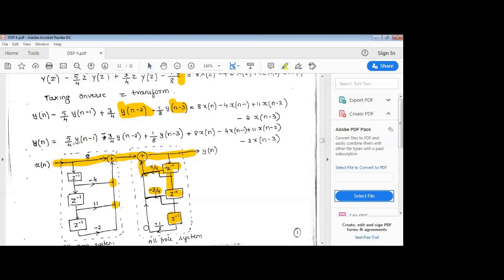Yes, so it is minus 4 into x of n minus 1, then plus 11 into x of n minus 2, and minus 2 into x of n minus 3.